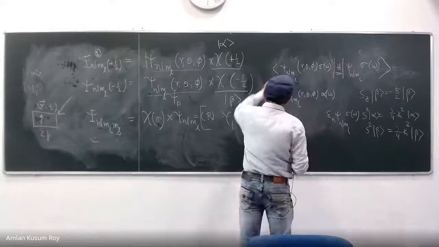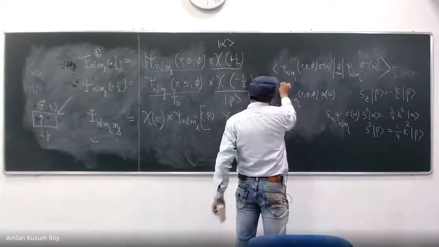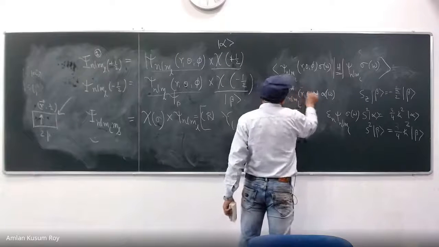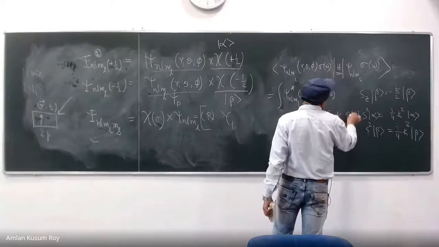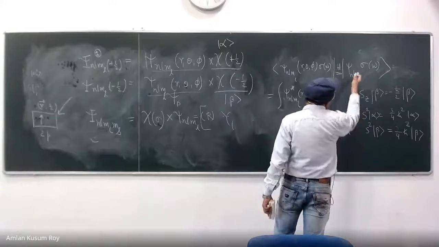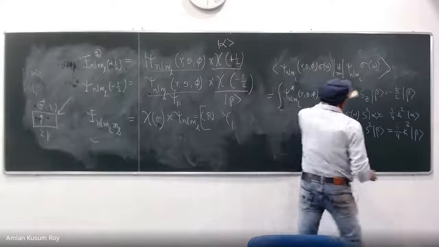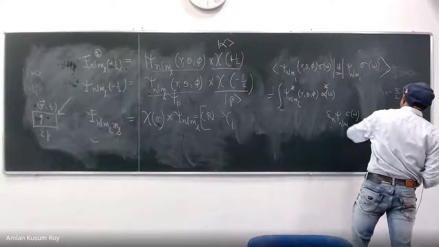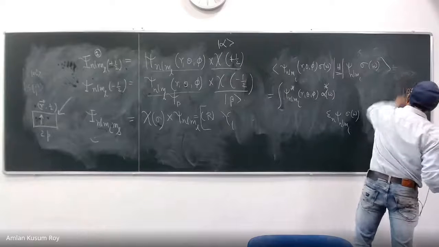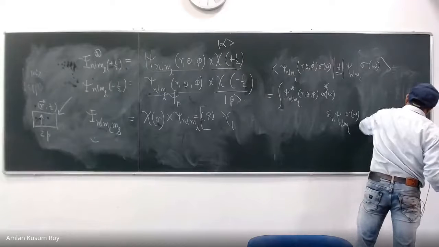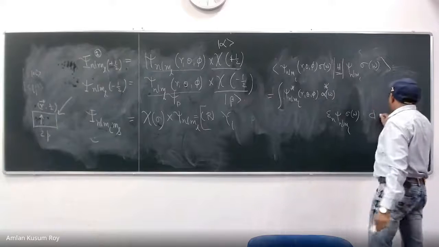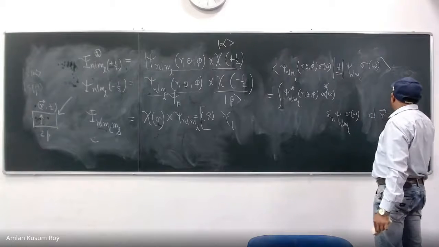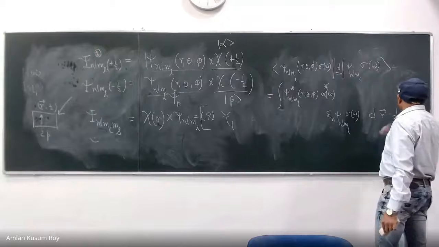Now you can break this: make this psi star, this guy becomes star, this becomes simple, there is no star, right? Now what you have to do is the spin integration and the space integration over the whole coordinates, so I write d r and d omega, right?